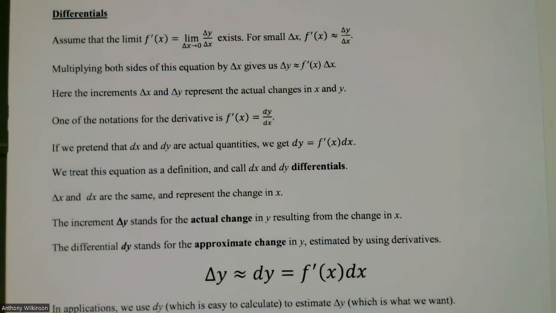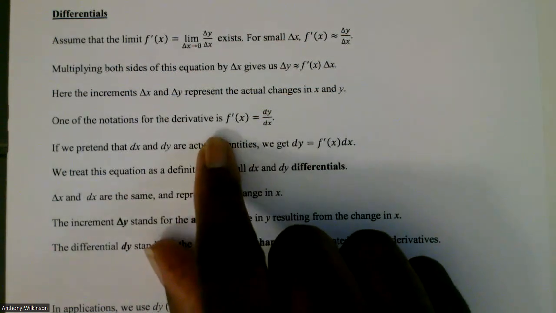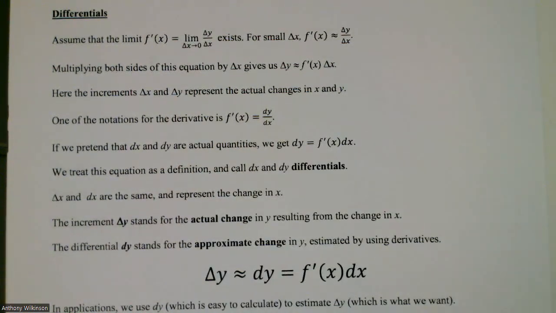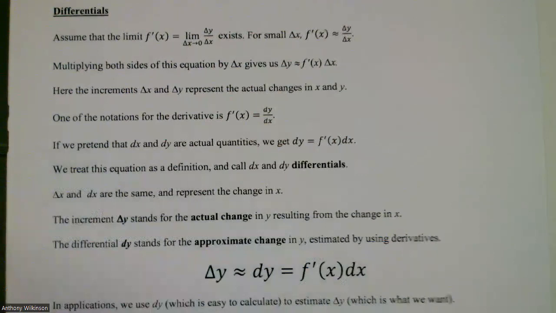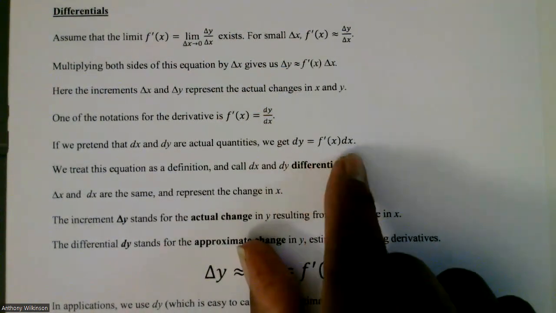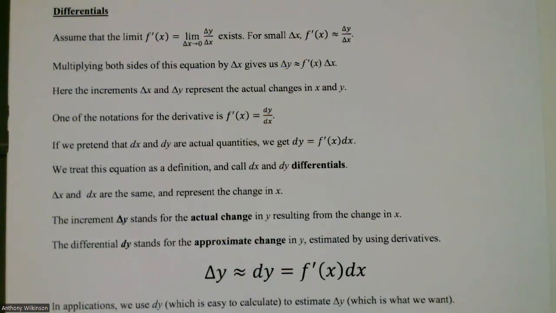And one of the notations for the derivative is f prime of x equaling dy over dx. Well, just dy dx, I should say, since it's a linear operator. If we pretend that dx and dy are actual quantities, then this is what we'll get. Dy is equal to f prime of x times dx. So here we treat this equation as a definition and call dx and dy differentials.